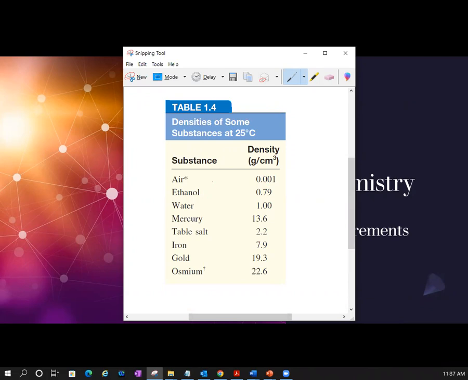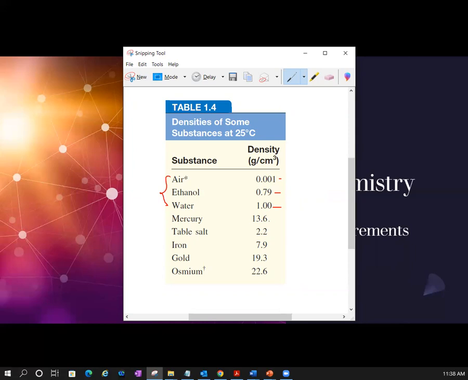Kaya siya may asterisk, ang nakasulat dito sa footnote is that measured at 1 atmosphere. Meron naman tayong ethanol na 0.79 ang density. And meron tayong water na 1.00. So, ibig sabihin, alin ang mas denser dito sa tatlong ito? Ito ang pinaka-dense, ito yung medyo dense, at ito yung least dense sa tatlo.